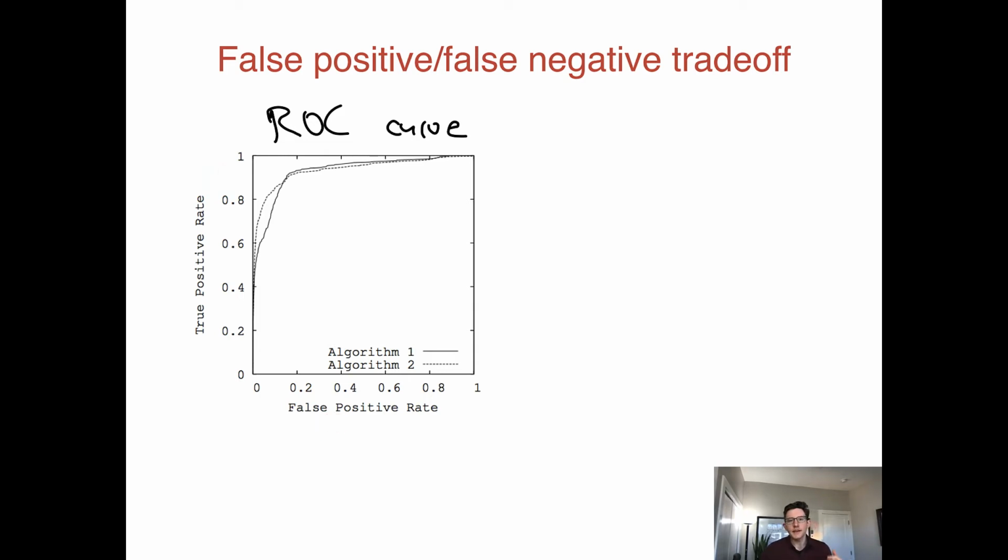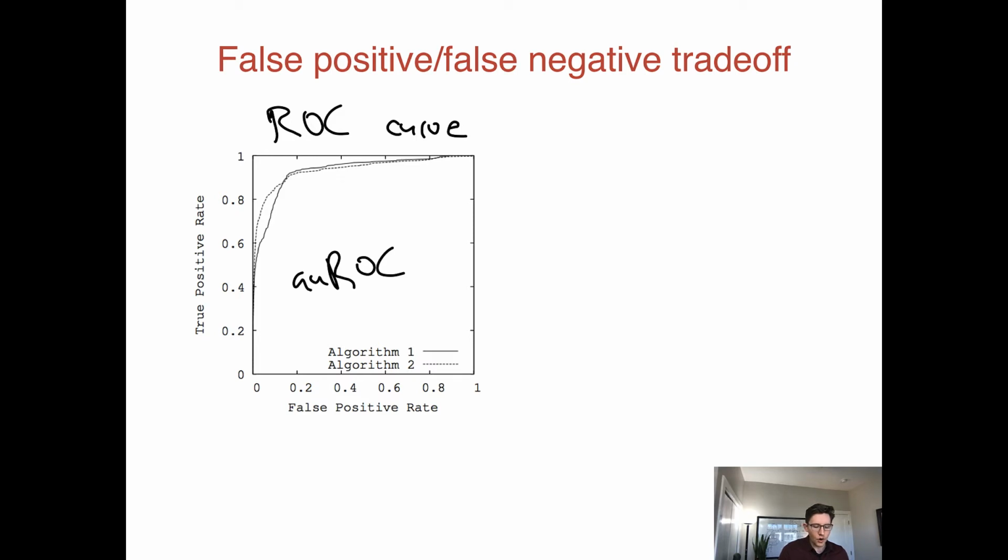Now, the place where I think this is often done wrong is very often people will just show this curve and say, okay, well, looks like algorithm 1 is above most of the time, so we should pick algorithm 1. Or a very common thing to use is the AUROC, that is the area under this curve, which is clearly higher the better the performance is.